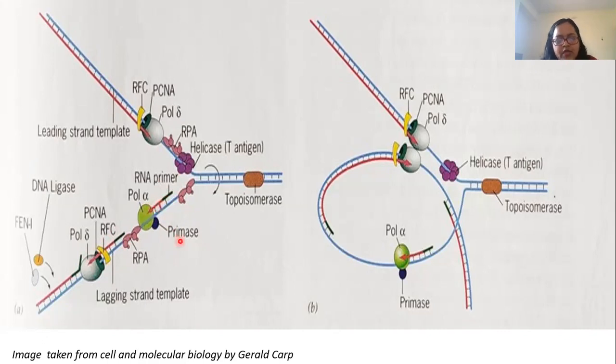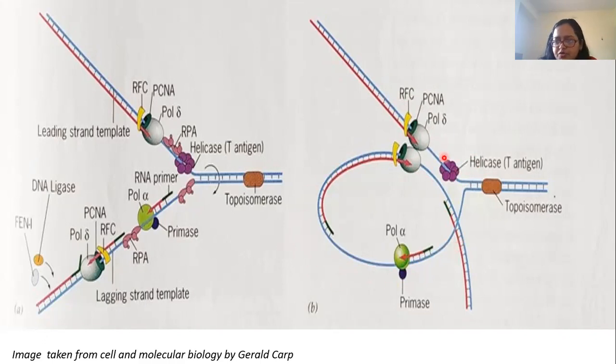Now in the next picture we can see lagging strand synthesis. In order to maintain steady synthesis of DNA on both strands as the fork moves, there is a formation of a loop on the lagging strand. It is a necessity to make the DNA replication steady.